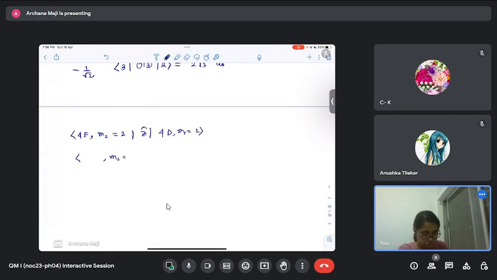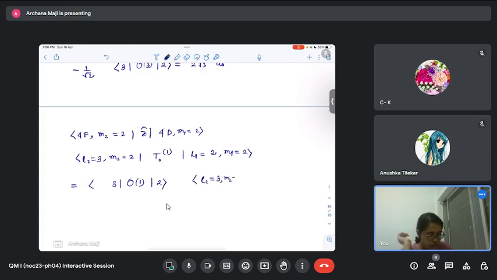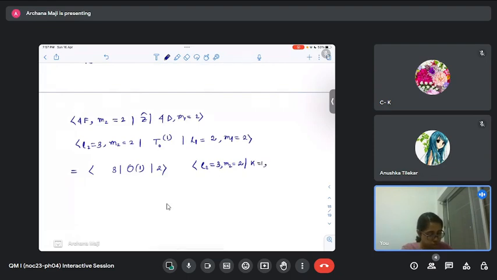Okay, so it's L2 equal to 3, M2 equal to 2, it's T10, and T10 was Vz, and for any vector, position vector, that's Z. L1 equal to 2, M1 equal to 2, this is equal to something times the CG coefficient k equal to 1, L1 equal to 2, q equal to 0, and m1 equal to 2.